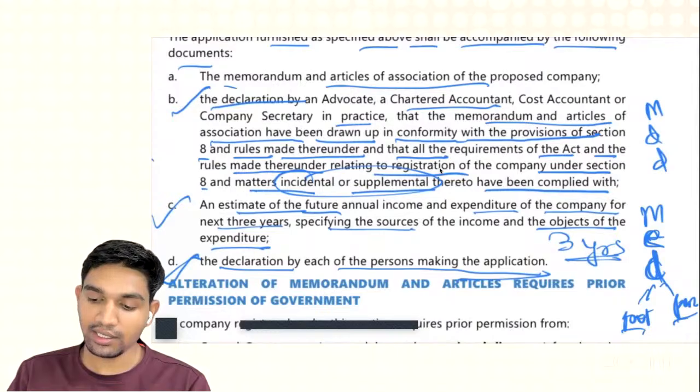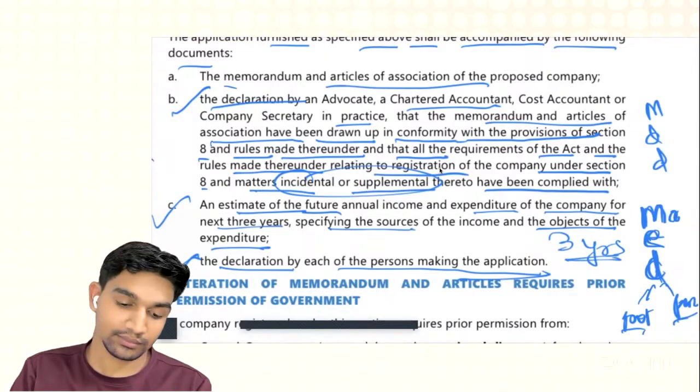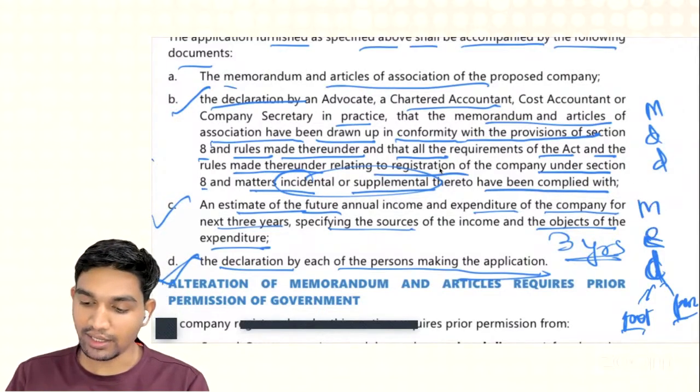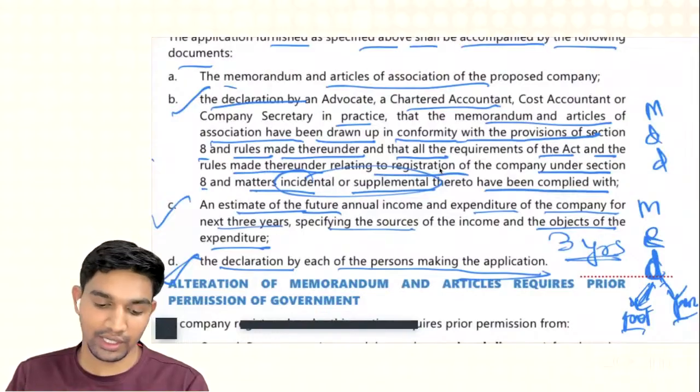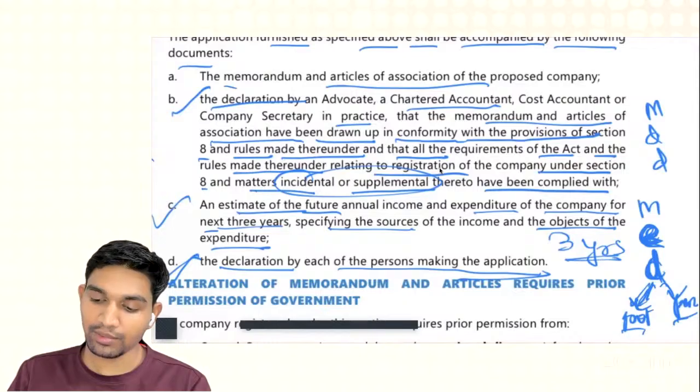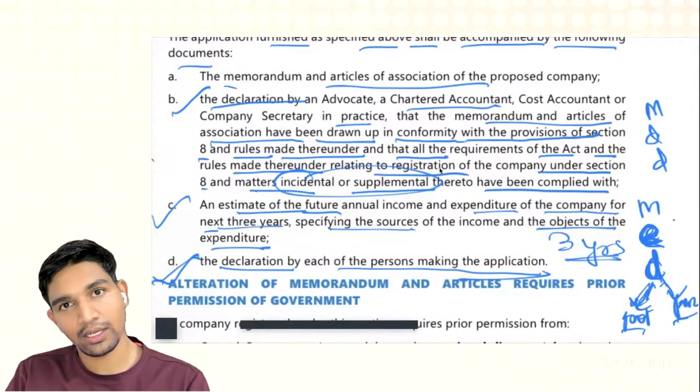Then M for memorandum and articles of association of the proposed company, D for declarations, either the professional's declaration or the declaration by persons making the application, and E for estimate: estimate for 3 years of income and expenses, the sources of income, and objects of expenses.